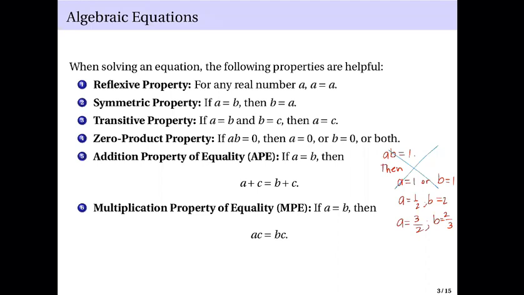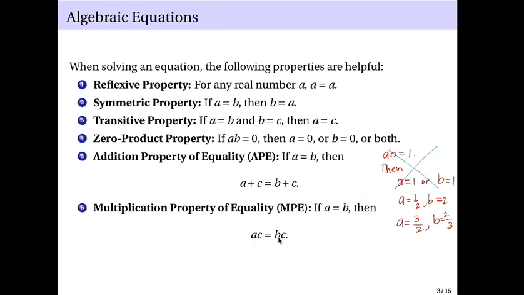Similar to property number 5, we have property number 6, the multiplication property of equality. If A equals B, then the product AC equals the product BC, whatever your C is.